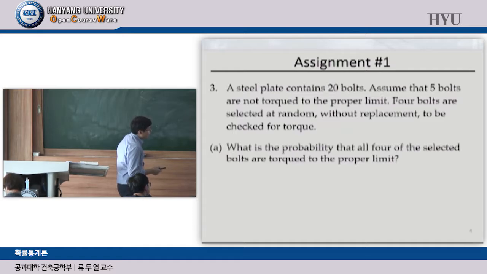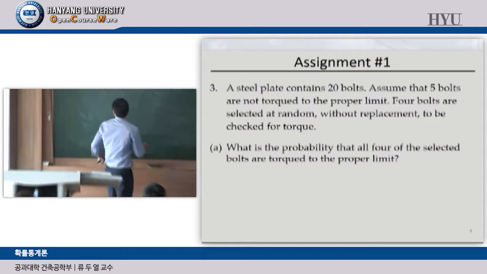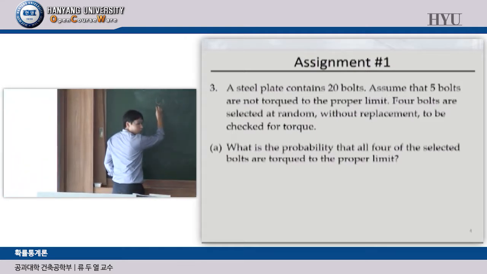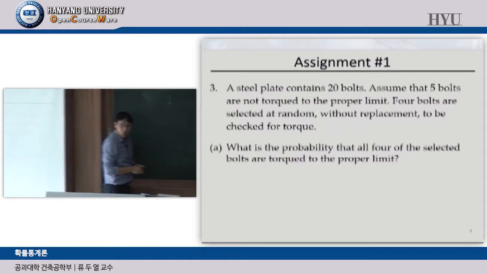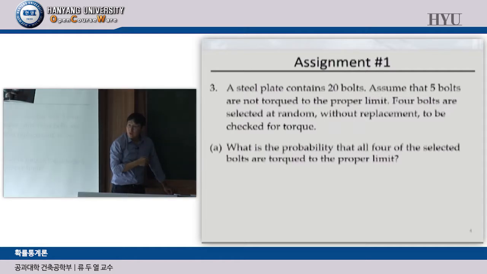We have to find the probability that all 4 of the selected bolts are torqued to the proper limit. That means this is the combination of 15 choose 4. That is the total number of cases in which we can select 4 bolts with a proper limit.